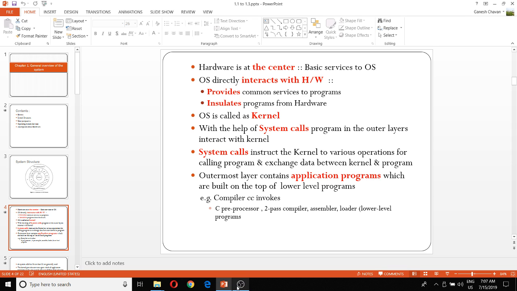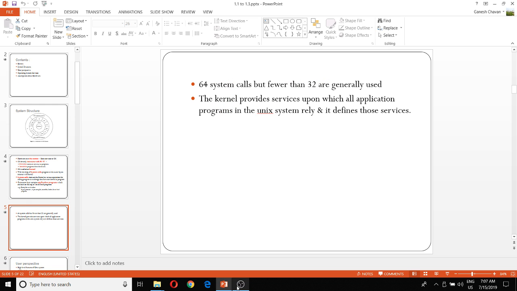The outermost layer contains application programs which are built on the top of the lower level programs. Examples are compiler, which actually invokes C preprocessor, 2-pass compiler, assembler, loader, and such kind of lower level programs.